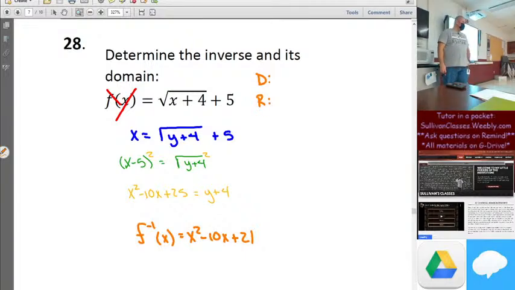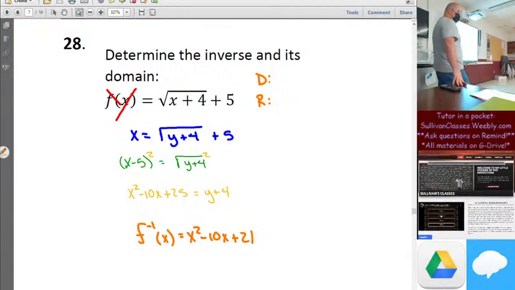What's the smallest number I'm allowed to put in there? Thou shalt not take even root of negatives. Can I take even root of 0? Yeah, square root of 0 is 0. So what will make that radical 0? Negative 4. I'm allowed to put a negative 4 in there.